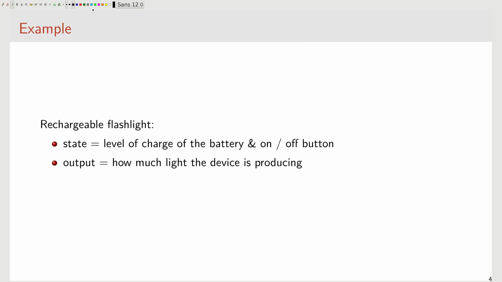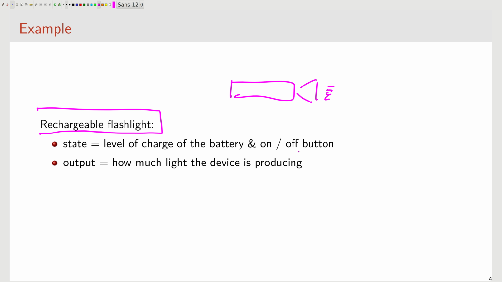Let's look at an example. Maybe an example will be a little clearer. Let's retake the blue. Now let's take a flashlight that is rechargeable. So we have this flashlight. It makes a little bit of light.